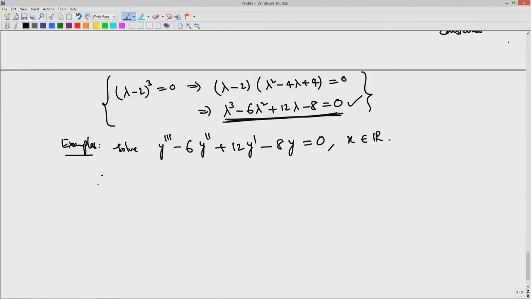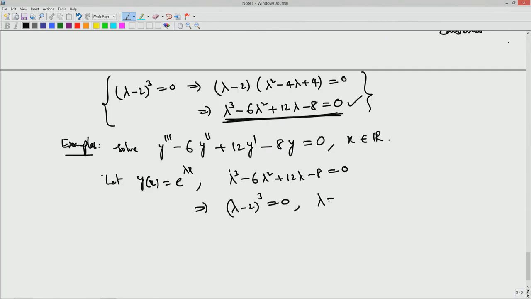So, as a solution, we always look for the solution in the form e power lambda x, where lambda satisfies lambda cube minus 6 lambda square plus 12 lambda minus 8 is 0. That we know already. So, assume that I know this will have lambda equal to 2, 2, 2, three repeated roots.